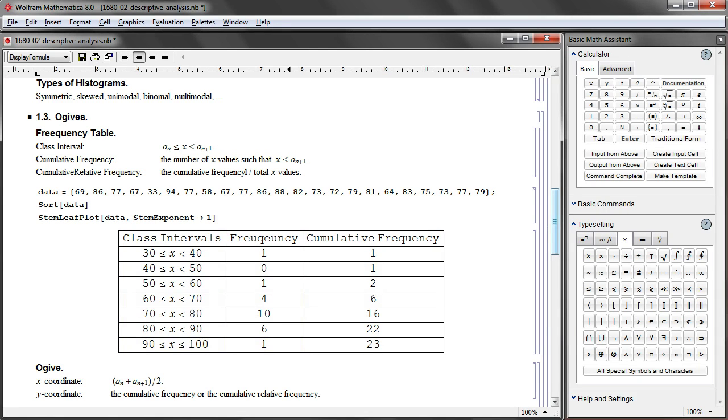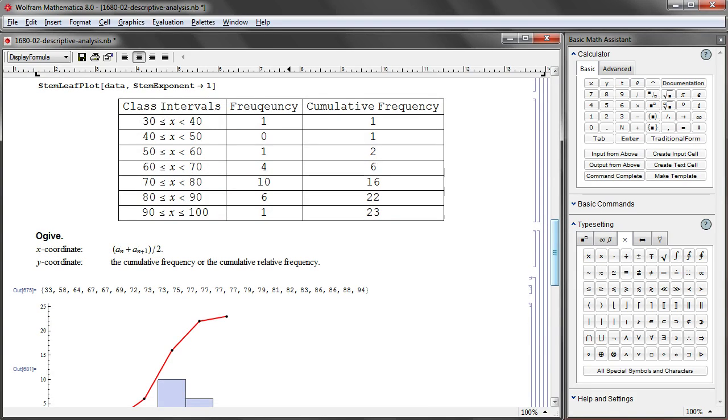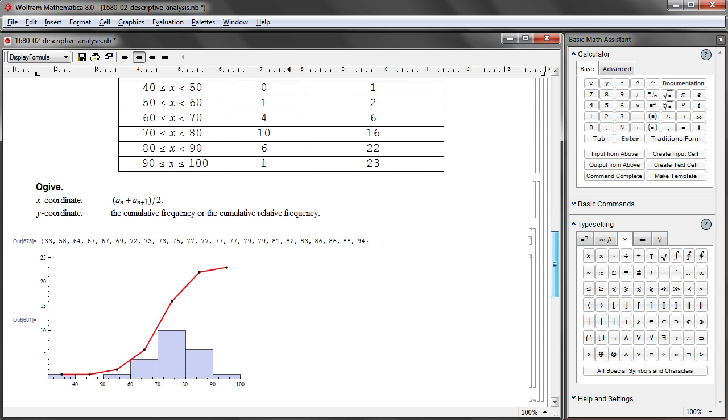If you divide everything by the total, then of course you're going to get decimals and percentages, and you're going to get relative frequency, relative cumulative frequency, rather than just cumulative frequency. But they're the same. They're not going to affect the shape of the graph.